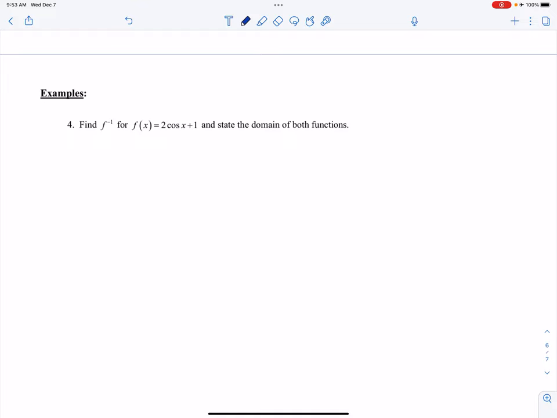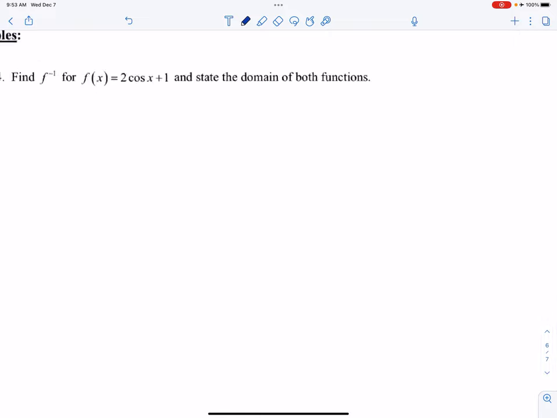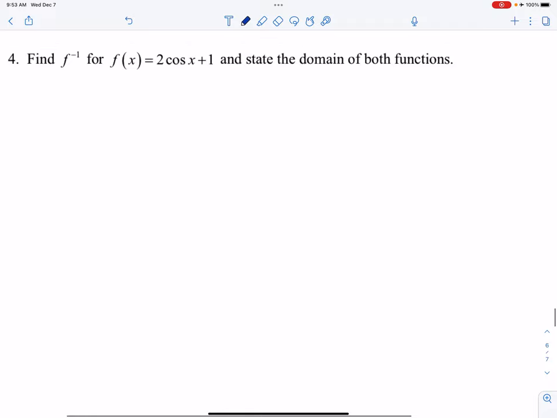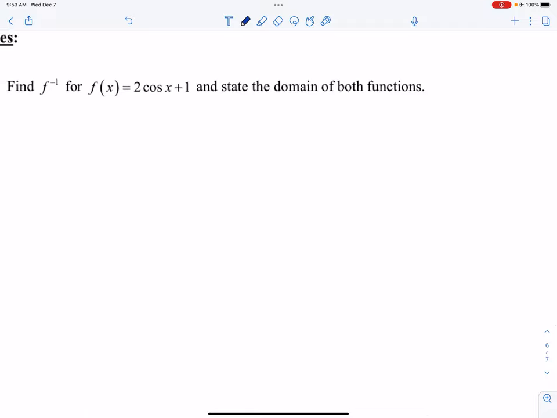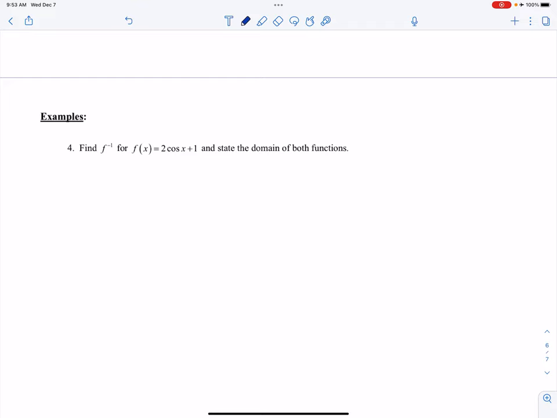So f I'm going to rewrite as y equals 2 cosine x plus 1. That way I know where is my y, where is my x.